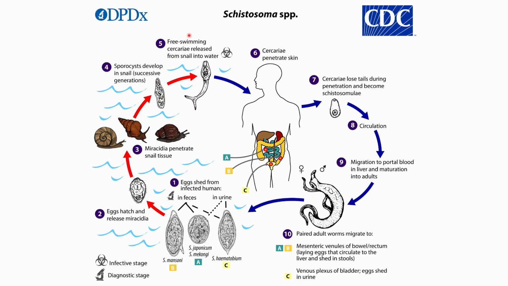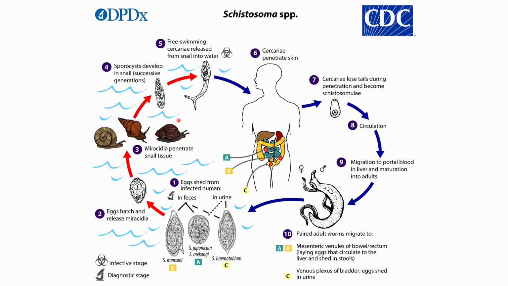It's this free-swimming infective stage that can penetrate the skin of humans and then make its way through your circulation to the hepatic vein, where it matures into the adult worm that will make cysts. Just a really fascinating life cycle.